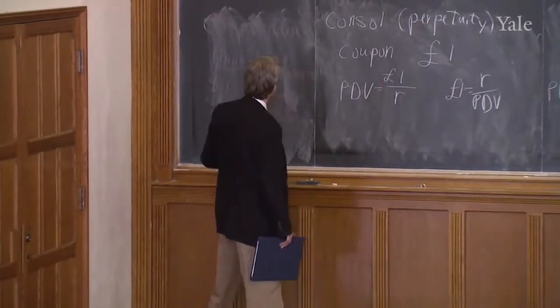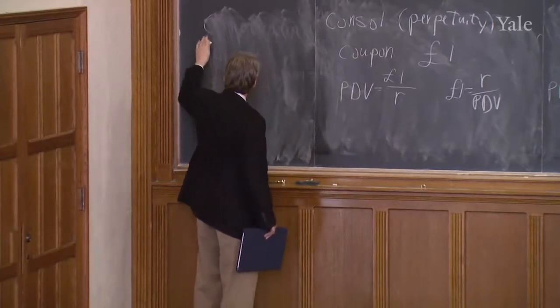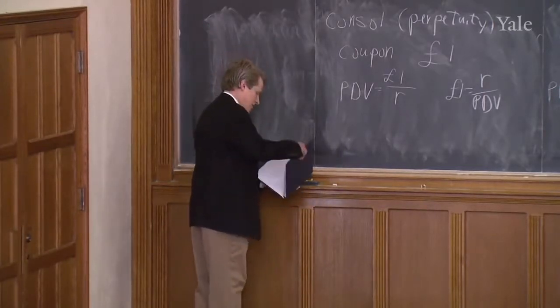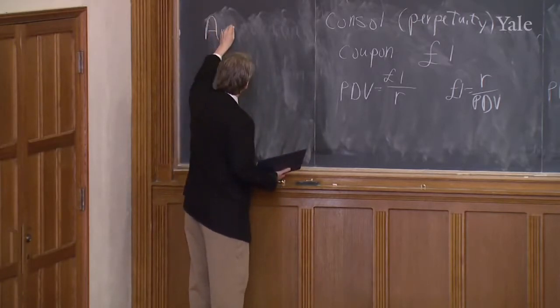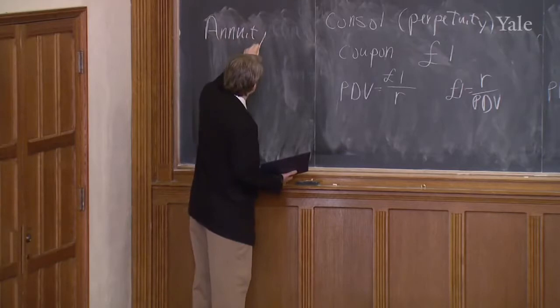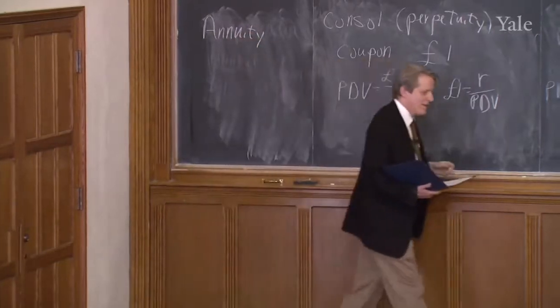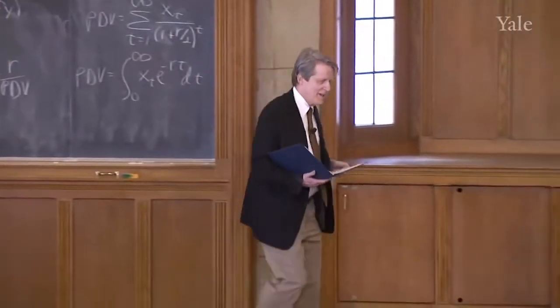Another formula is the formula for an annuity. An annuity is a different kind of payment stream. It's a console for a while and then it stops.